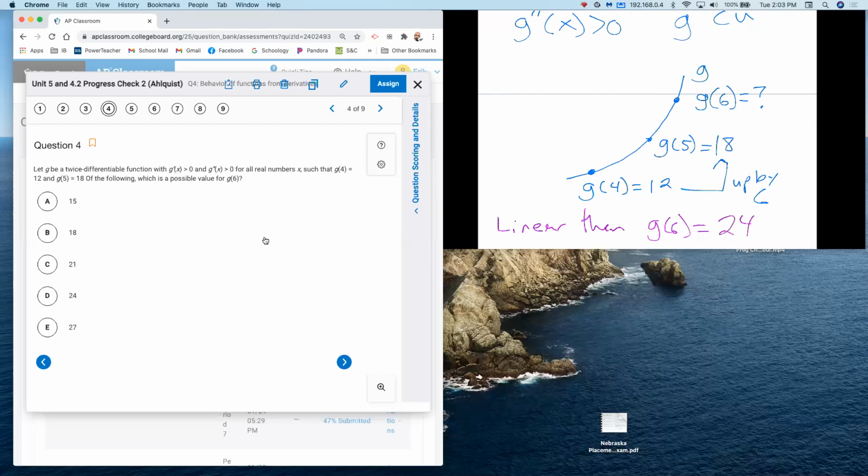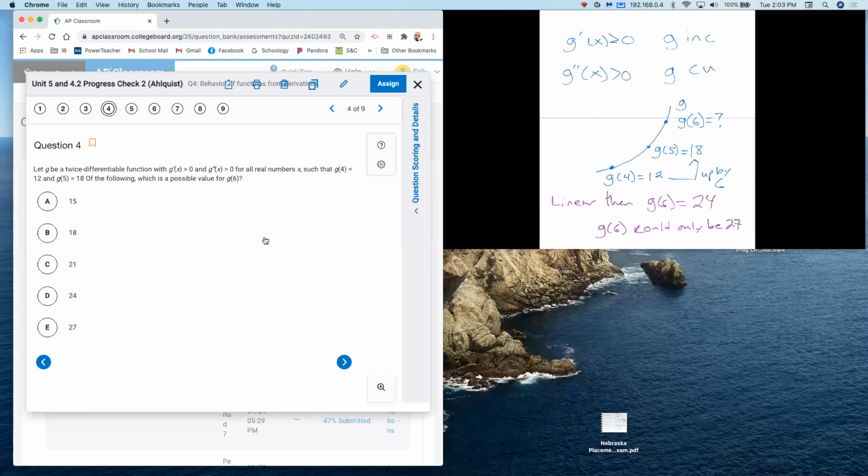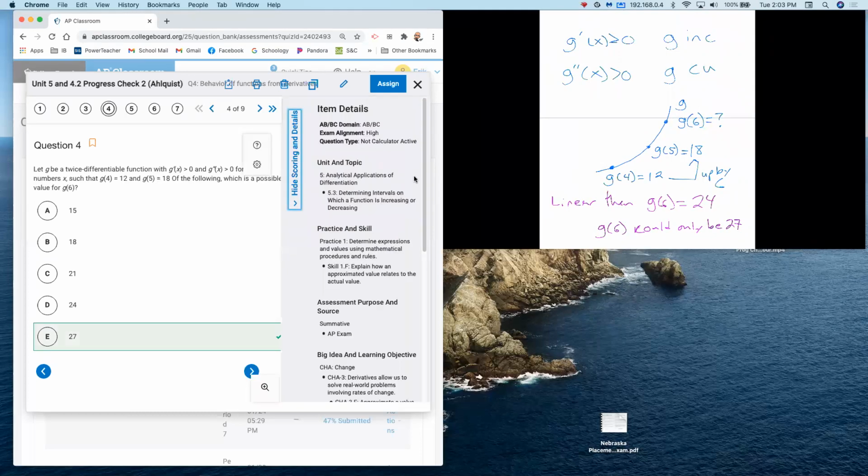So the only answer that would make sense is that g of 6 could only be 27 out of these choices, because it's increasing and not linear since it's concave up, based on the information from the chart. So hopefully when I click this, it tells me it's 27.